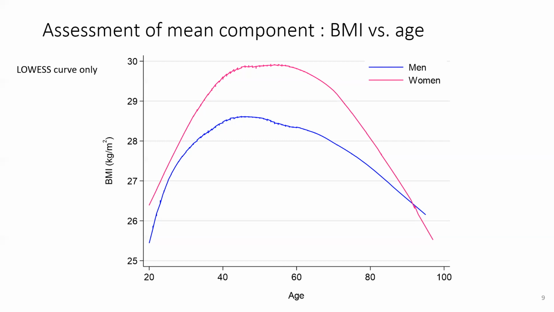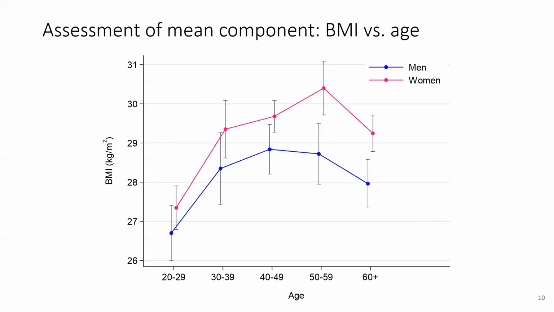So here I decided to use a categorical variable of age, and this is the graph. I used 10-year categories: 20 to 29, 30 to 39, and so on. Here is the association I see between men and women, and it seems that the difference between men and women starts increasing as age increases, and here there may be a significant difference between men and women.